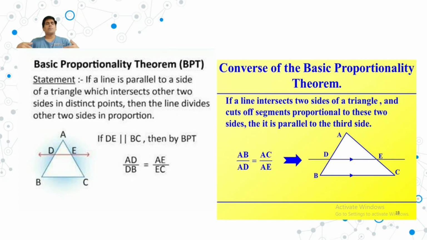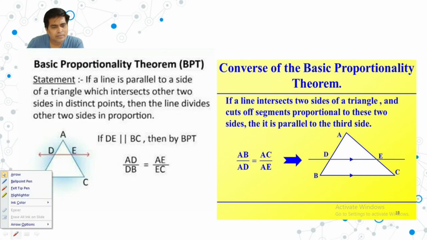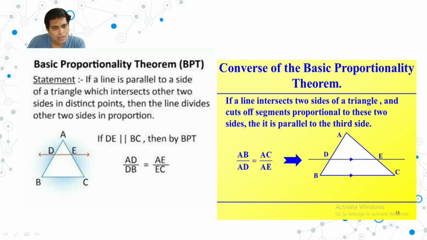The basic proportionality theorem, the ratio we can express in many ways. Here, what he wrote is AD by DB is equal to AE by EC.